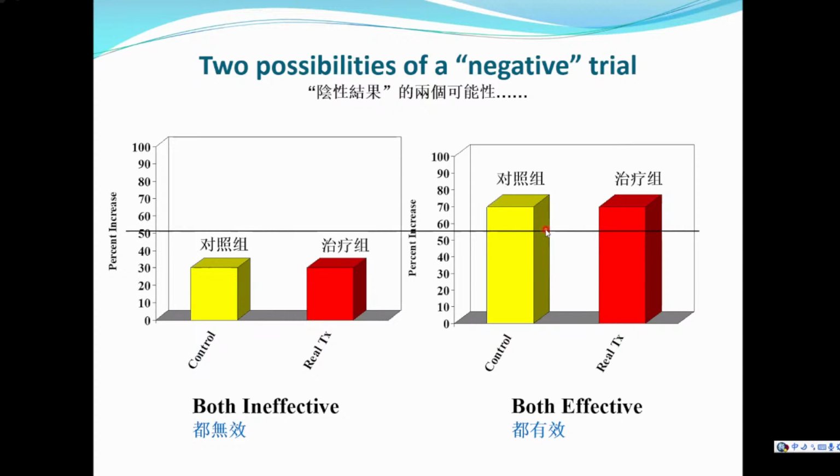In Western medicine, if acupuncture shows no difference from the control group, it is considered a negative study, meaning acupuncture does not work. But actually it does not mean acupuncture does not work. It is because their control group works well. There's no difference. So that's how it comes.